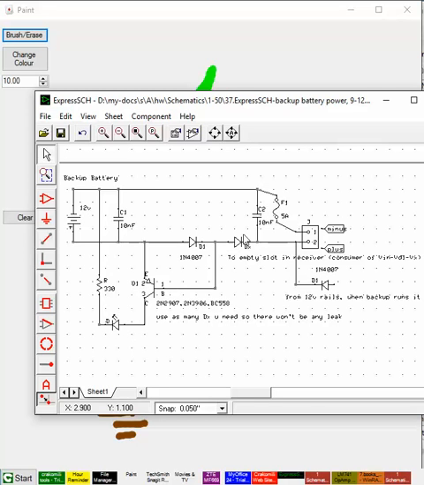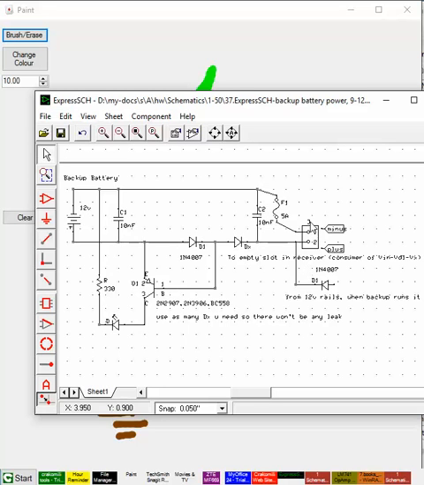Now, I put another diode because sometimes the battery voltage is too high over here, and on the contrary, at home there is a lot of load and the voltage drops.